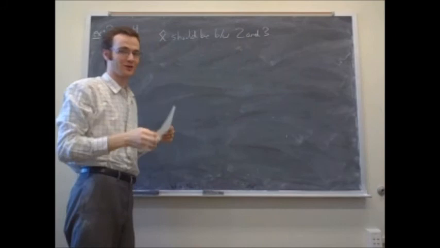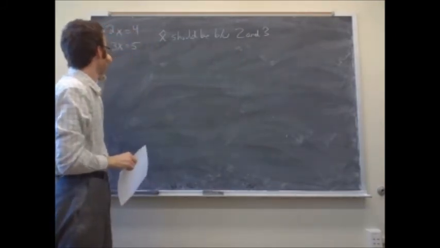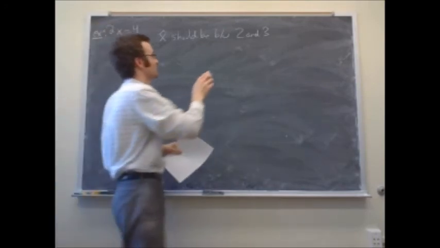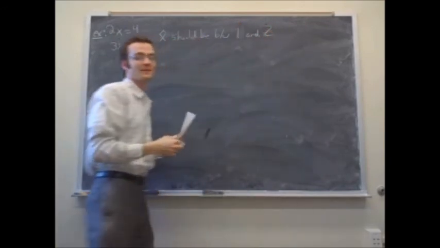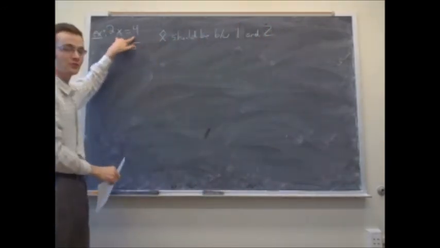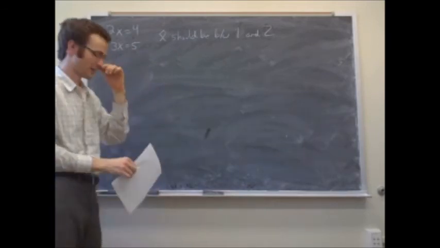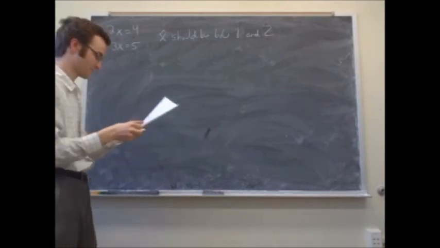Just because the answer to this one is 2, and the answer to this one is between 1 and 2. The answer to this one is 2, the answer to this one is a little less than 2, so it should be somewhere in between them, right? And in some way that's fair.